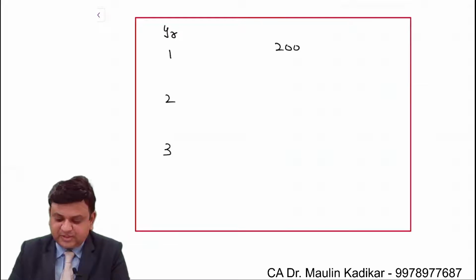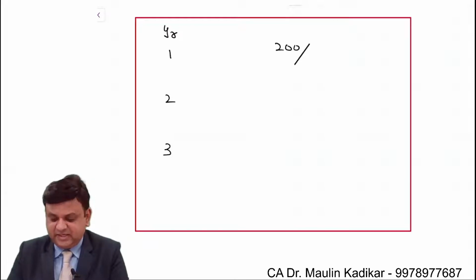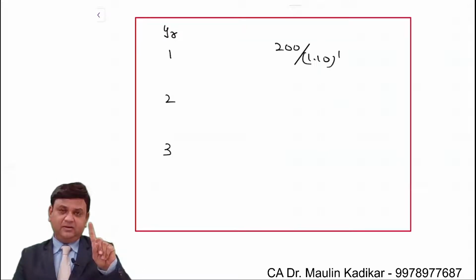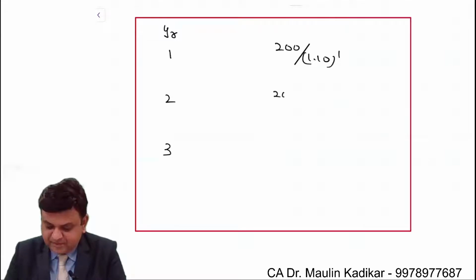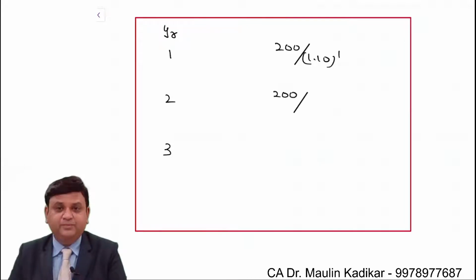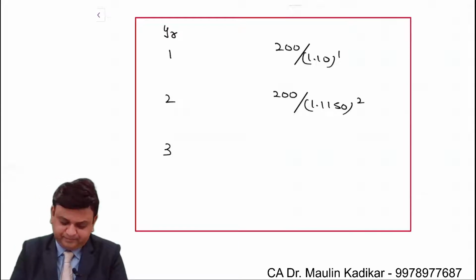Now to compute the present value, you will take, of course, the opportunity cost of capital which is there in the market, and we can say that it is 10%. Because if you make an investment in the market for 1 year in your bank, that is Bank of India, you get a return at the rate of 10%. 200 rupees you are going to get at the end of the second year. Again, if you compute the discounted value of the same, it is 200 divided by 1.1150 raised to 2.